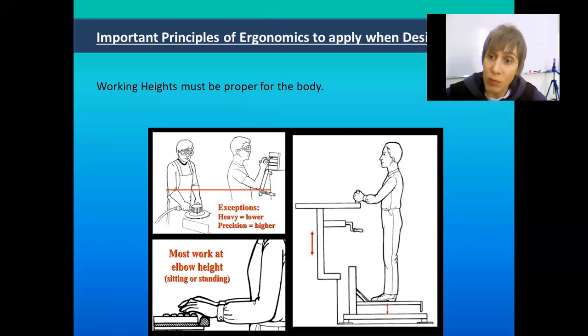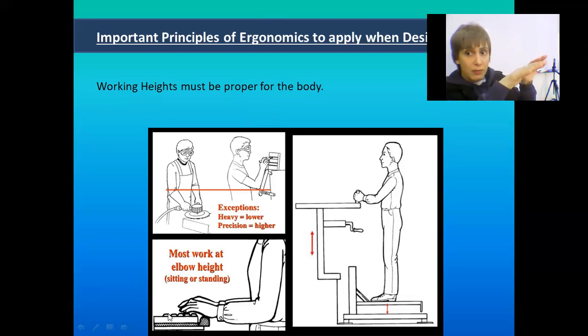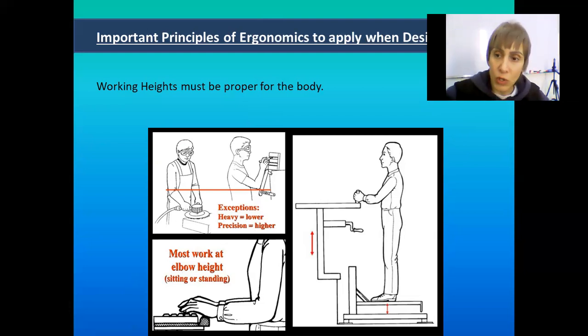It will be a problem. Other types of work should be at the elbow height, the natural elbow height of the target group of people, to be comfortable, like for example typing. If the keyboard is too high or too low, again, it will cause health issues.